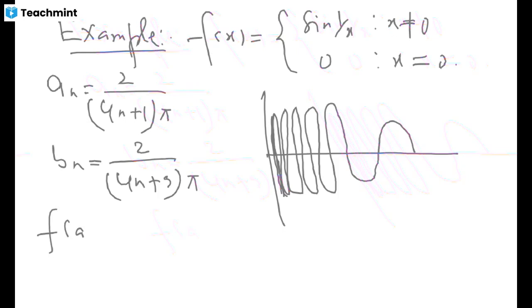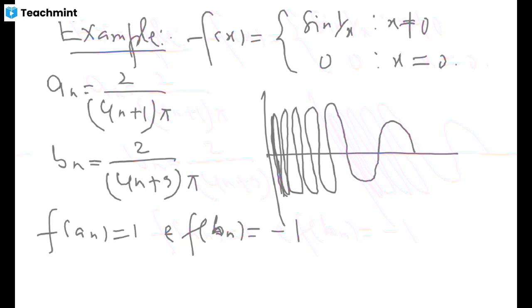You can check where sine of x takes value 1: at odd multiples of pi by 2, and minus 1 you can get by considering 4n plus 3 multiples of 90 degrees. Here it is 1 by x, that's why we have 2 upon (4n plus 3) pi.